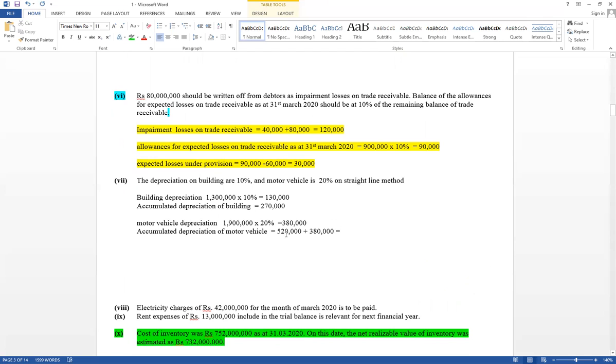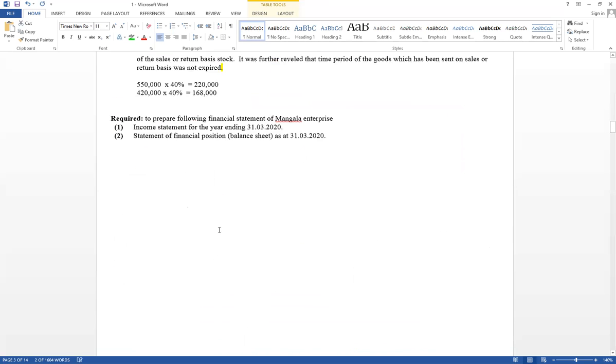Therefore the motor vehicle closing balance equals 900,000, and the building opening balance 270 plus annual depreciation 130 gives a closing balance of 400,000. Therefore this value should be included in financial position also. Then the first one, depreciation: building depreciation as well as motor vehicle depreciation should be included, building depreciation under administration expense, motor vehicle depreciation under distribution expense. First record it in the income statement.